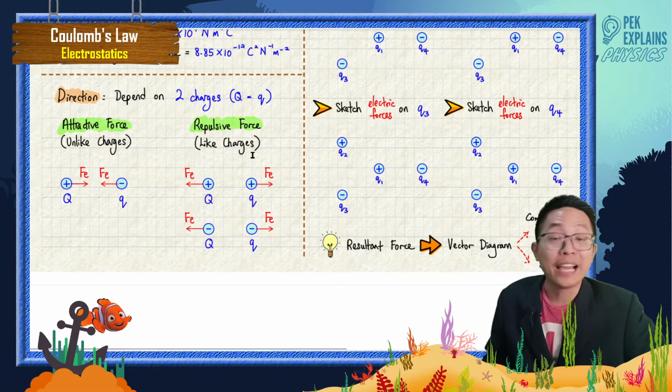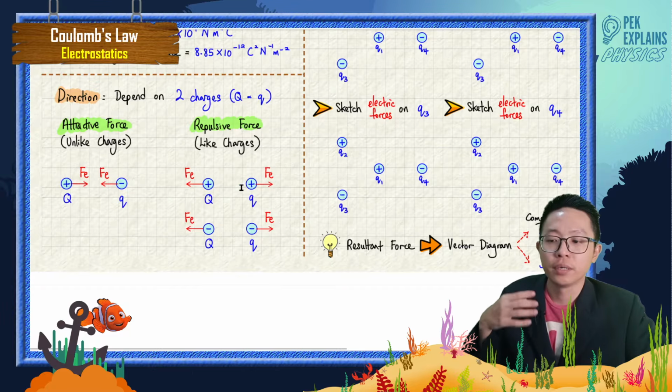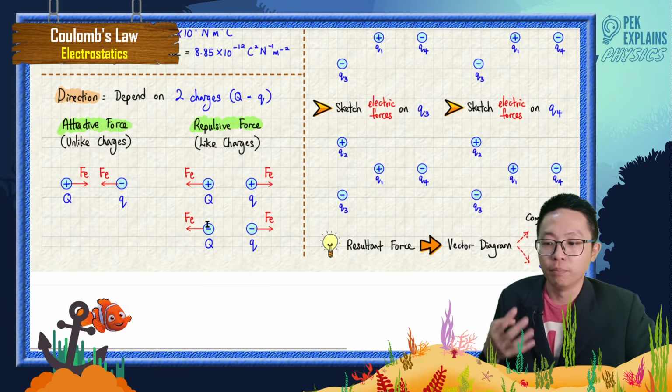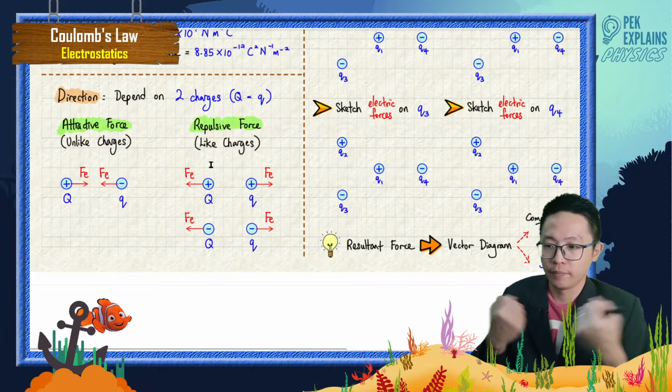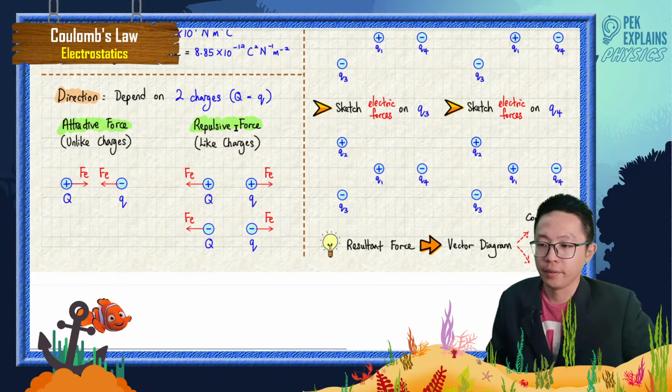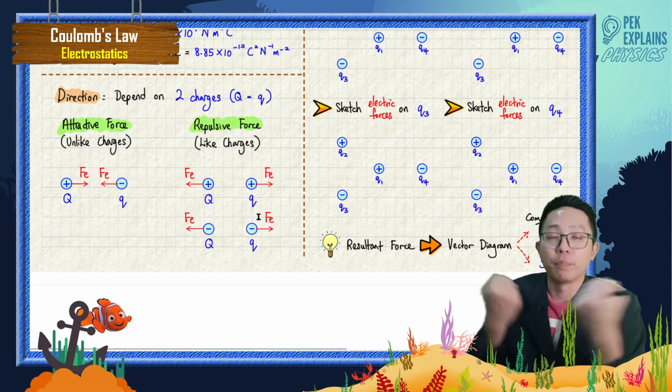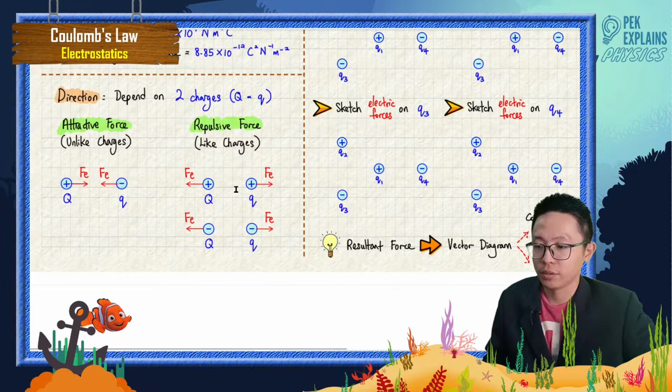But if you have like charges, meaning the same sign, either both positive or both negative, they repel each other. Repulsive force for like charges. Positive with positive, negative with negative, they repel each other. So the force is away from each other.